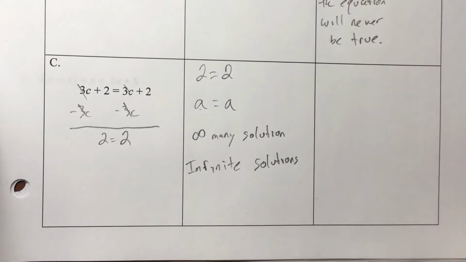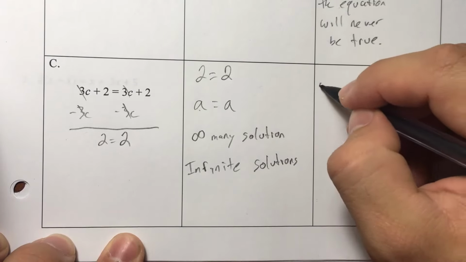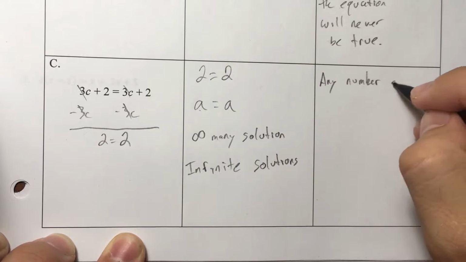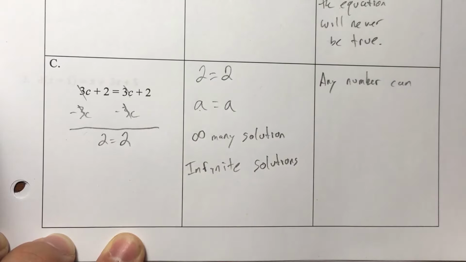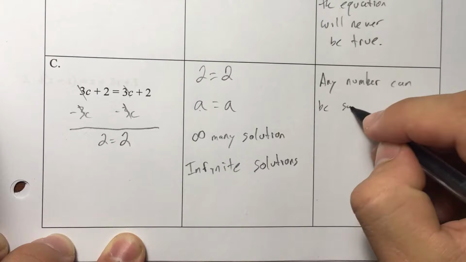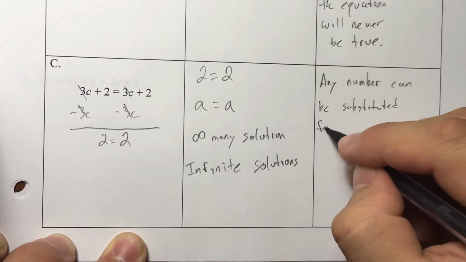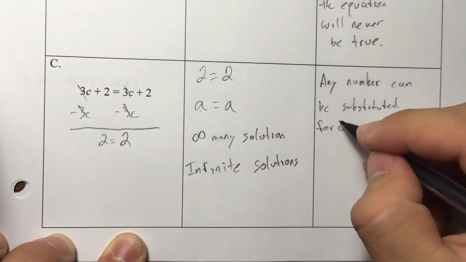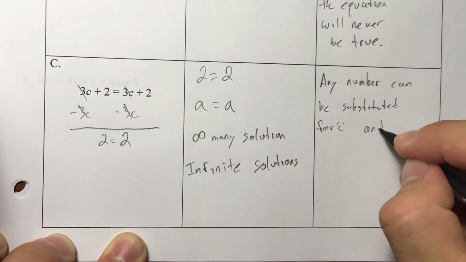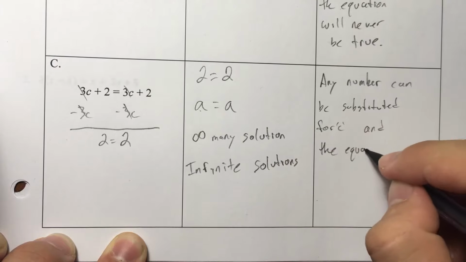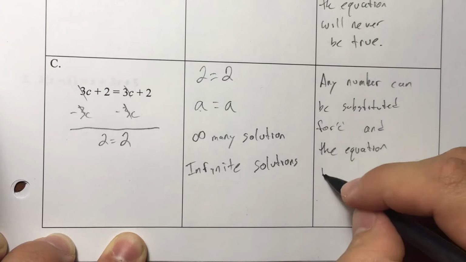So in this case, the explanation is any number can be substituted for c in the equation, and the equation will be true.